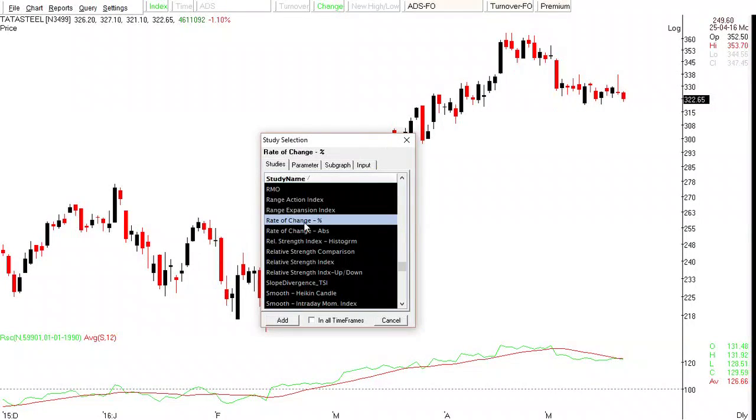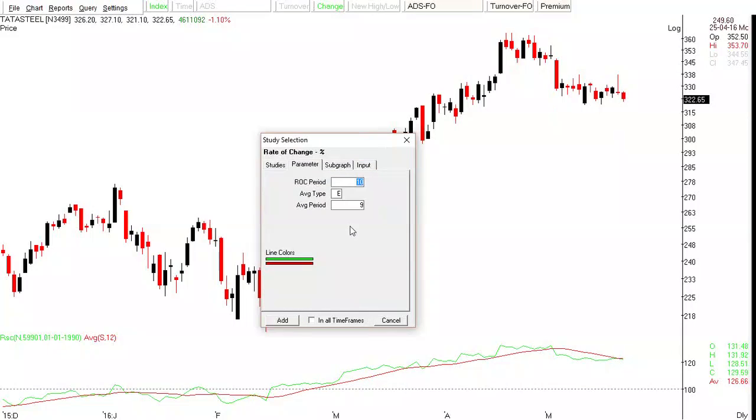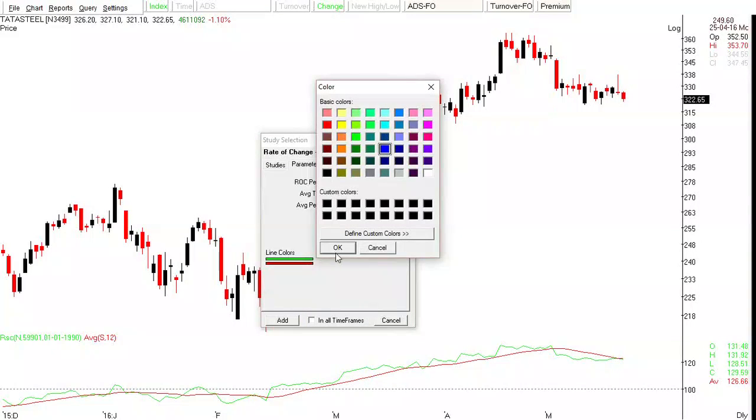So simply do this. I go to rate of change and I go to parameter and I say 1 period. Just give me a 1 period change. What is this period's data? Previous period's data. Do a rate of change and tell me. So let's say I give it a different color for visual clarity, let's say blue.